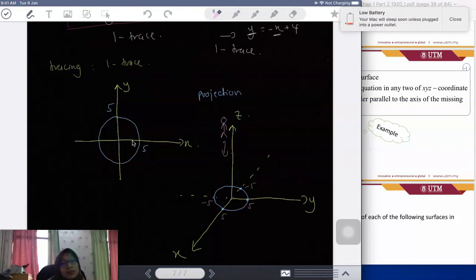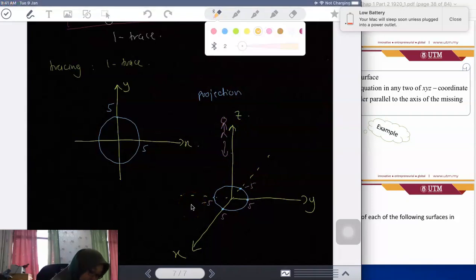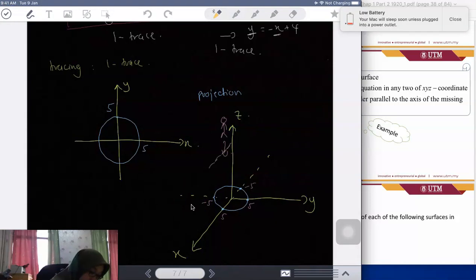Okay, now a projection. Again, the step in order to provide the projection is the same as the plane, where you assume that below you, because you are here, along this z-axis, there is a new x-y axis plane. So now that is your new x, and that is your new y-axis.